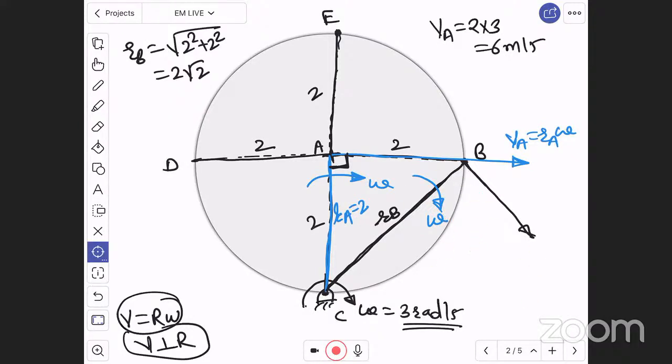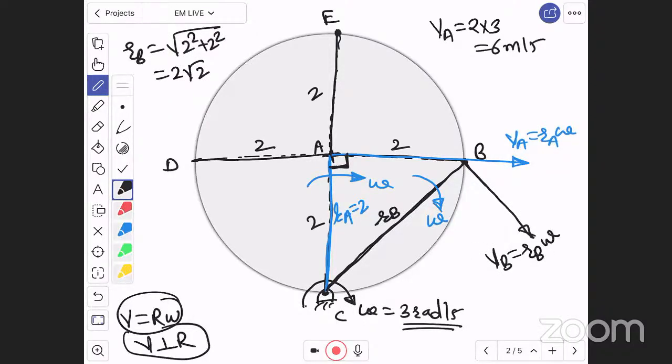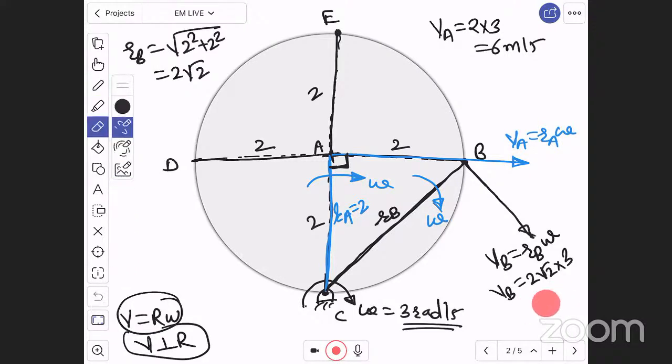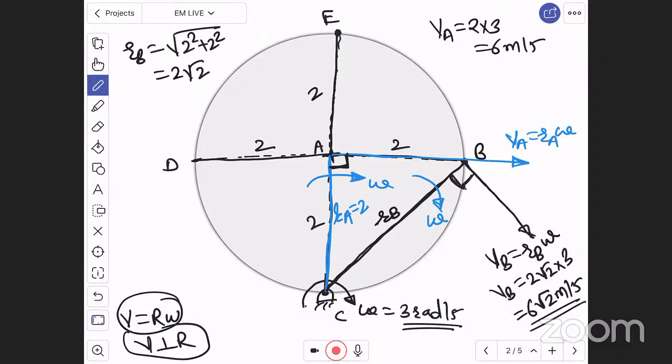This will be the velocity of B, which is R_B omega. R_B is 2 root 2 into angular velocity 3, which is 6 root 2 meter per second. Perpendicular to radius, there must be a 90-degree angle. This is the same answer and the same direction that we got.